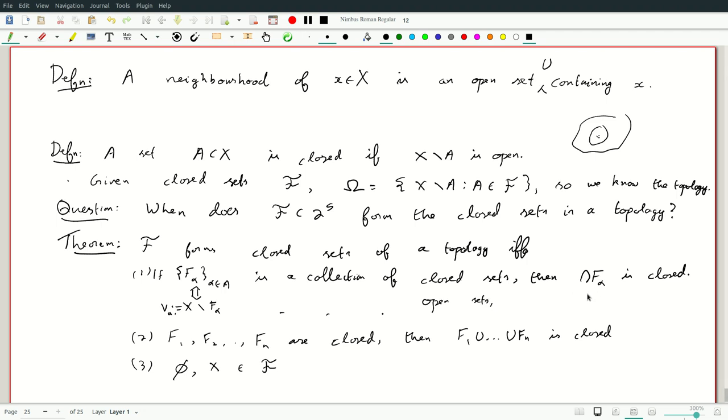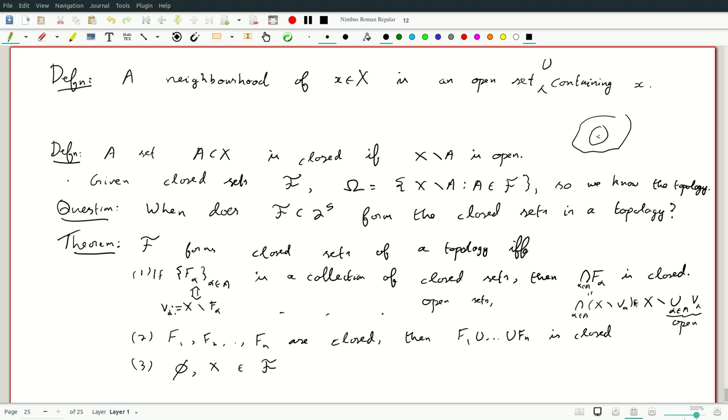So now the intersection of F alpha is the intersection of X minus V alpha, because these are set complements, and this is an arbitrary intersection, alpha in A. And De Morgan's laws will tell you that this is X minus the union over alpha in A of V alpha. Note this is open. So if F alpha are closed sets in a topology, then their complements V alpha are open, so the union is open, so the complement of this is closed.